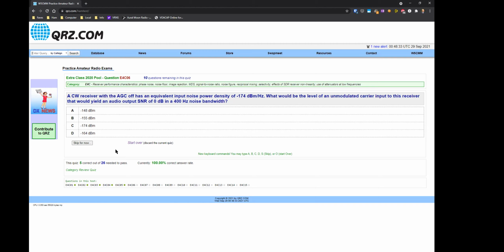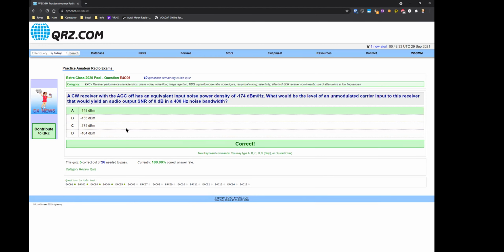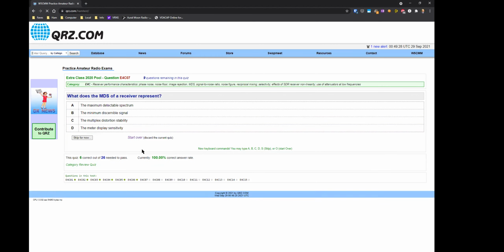Okay, so remember this one, it's going to be 10 log of the ratio of the frequency. And I believe that comes out to 26 or something like that. A. Yeah. So you add them together and it's negative 148.